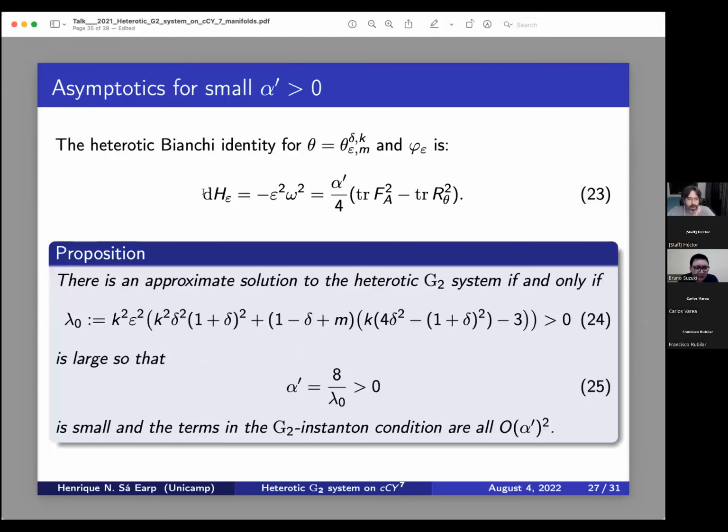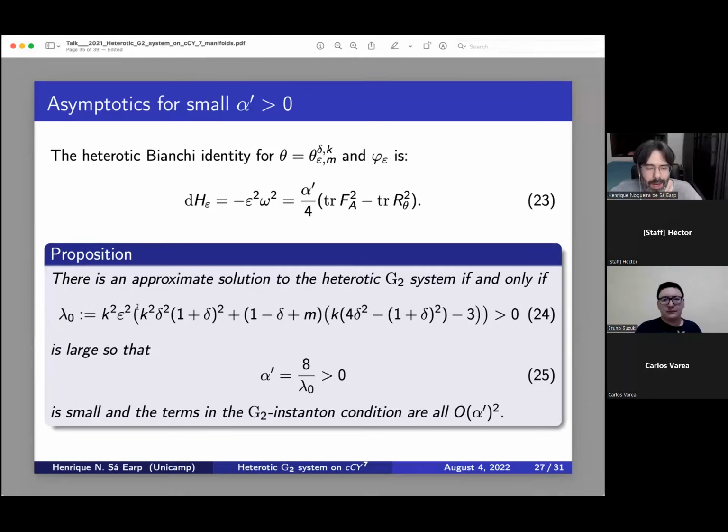first of all, we satisfy the heterotic Bianchi identity on the nose. So this is an anomaly-free theory, and the necessary relations between those lambda 1, 2, and 3 can in fact be satisfied so long as this funky combination is strictly positive and so large that alpha prime can be guaranteed to be positive.